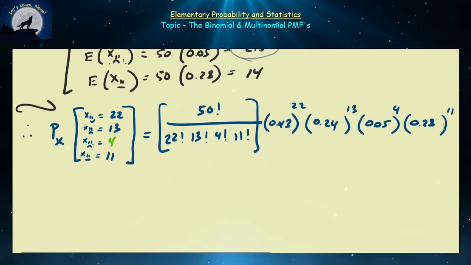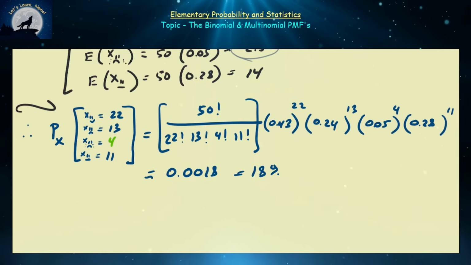So once you actually work out this number, it is going to be approximately 0.0018, so that's 0.18%, not 18%. So what is the interpretation of this number?